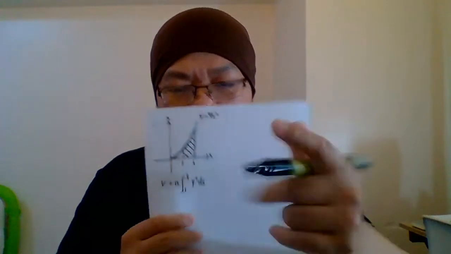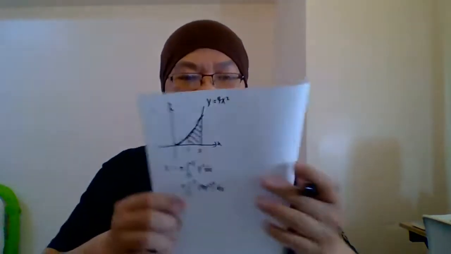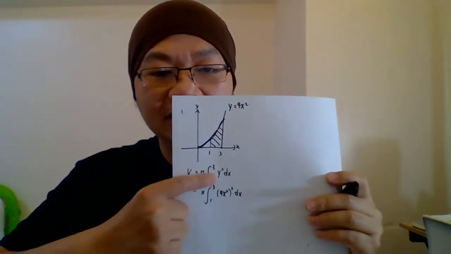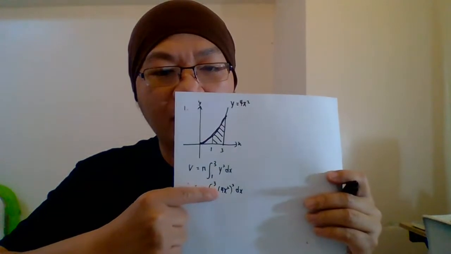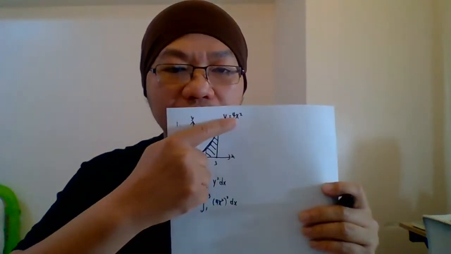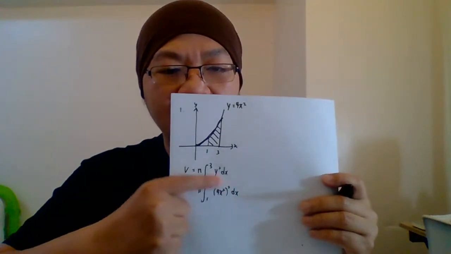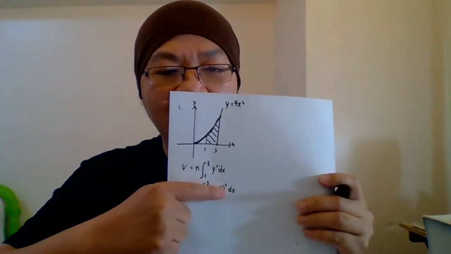Cut and paste. So when we cut and paste, it becomes a bracket. Pi integrate from 1 to 3, and this y we replace with 4x squared, because y equals 4x squared. Cut and paste here. Don't forget the square outside the bracket.